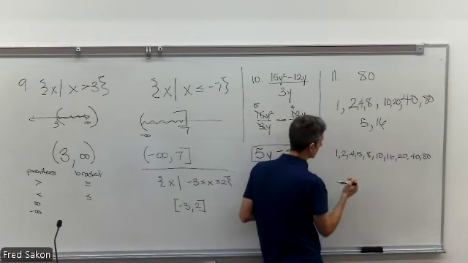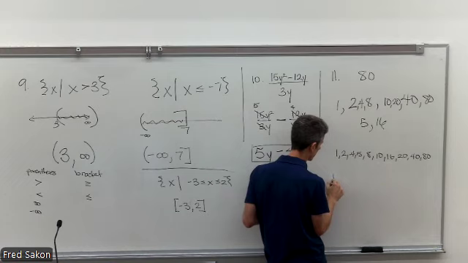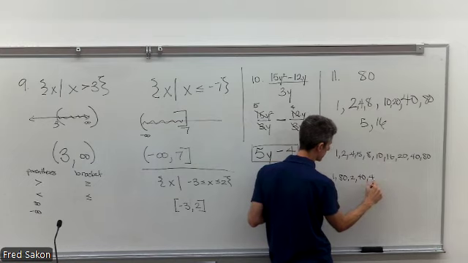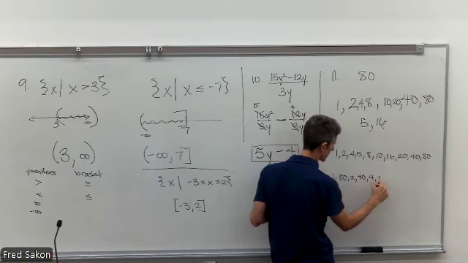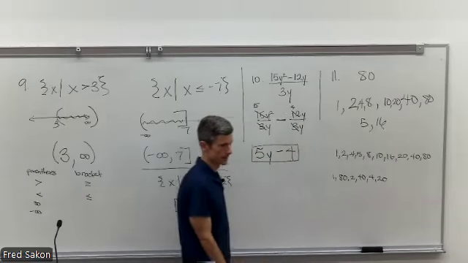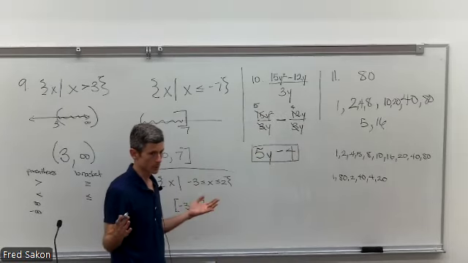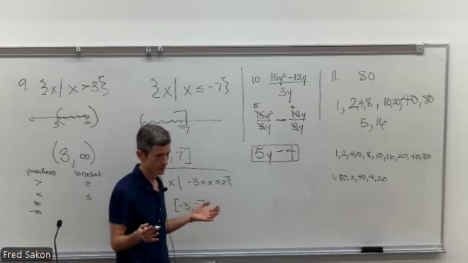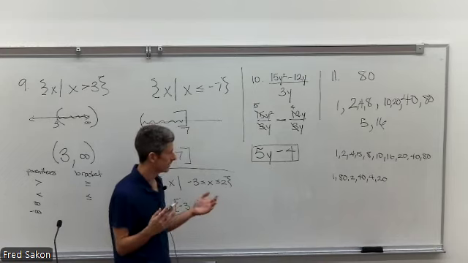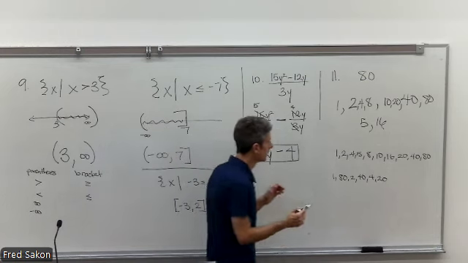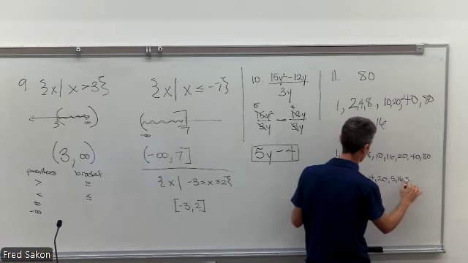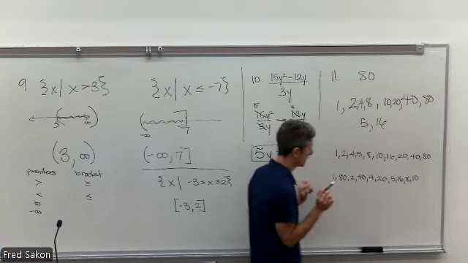Now, when you're coming up with this list, you can feel free to just write it this way, if that's easier for you. See what I'm doing? Instead of in chronological order, I'm writing them as pairs. 1 times 80, 2 times 40, 4 times 20, and so forth. So you can do it that way if that's better for you.